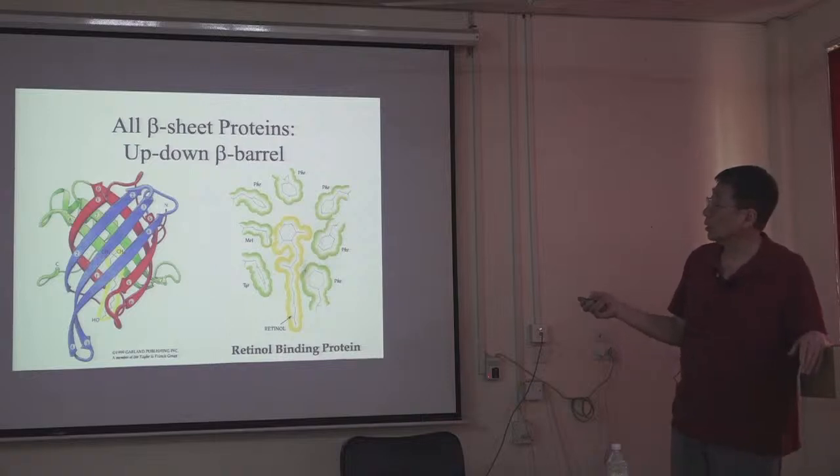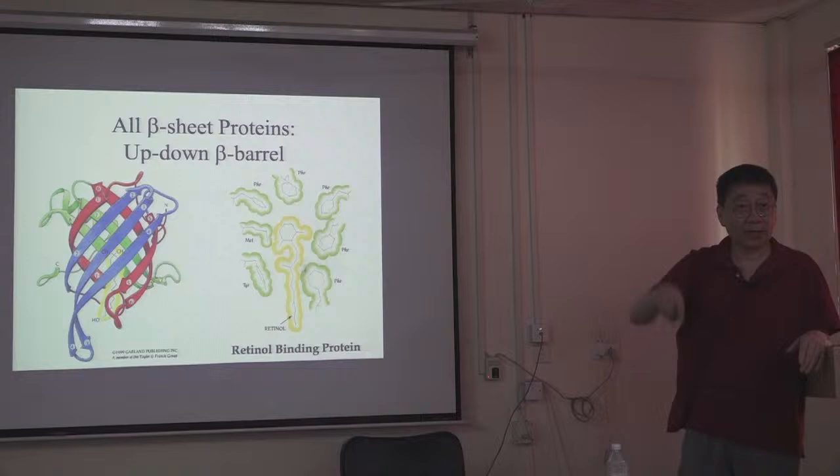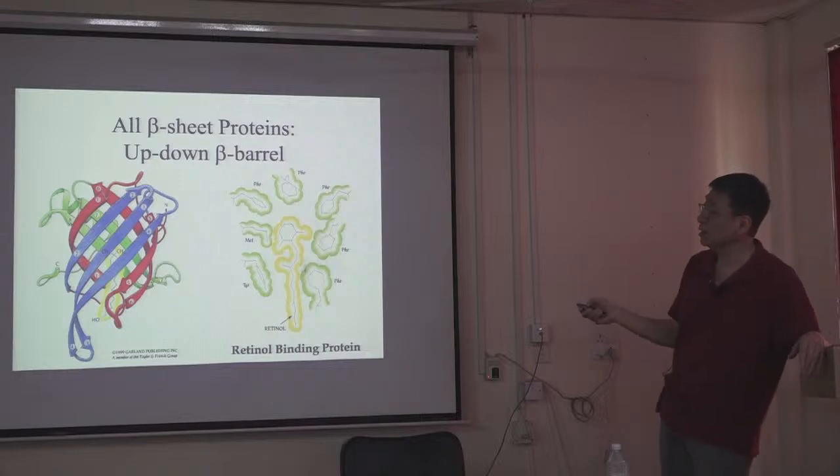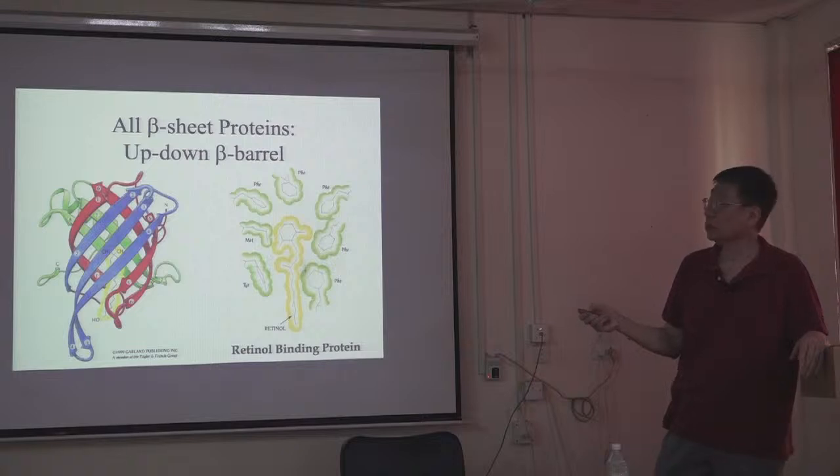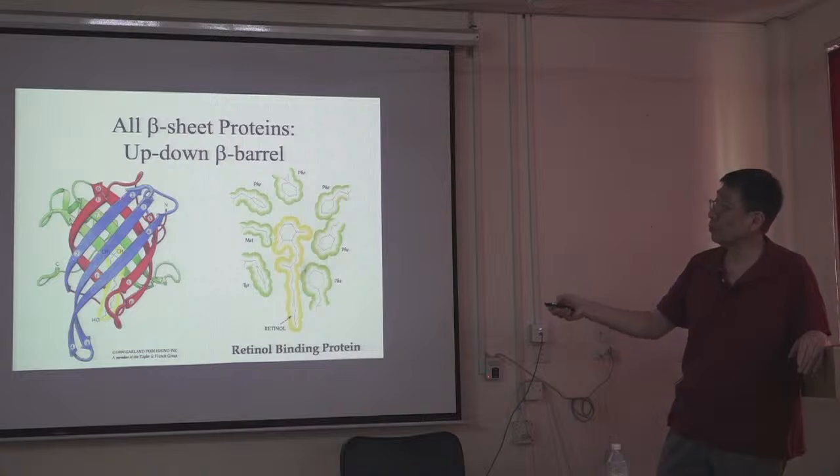So I mentioned up and down, changing direction. Here, the simplest beta barrel will be the up-down beta barrel. So start from the N-terminus, which is over here. Some stuff going on in the back, you cannot see, but doesn't matter. It comes around here, strand 1. Strand 1 goes down, and then comes right back up, strand 2.